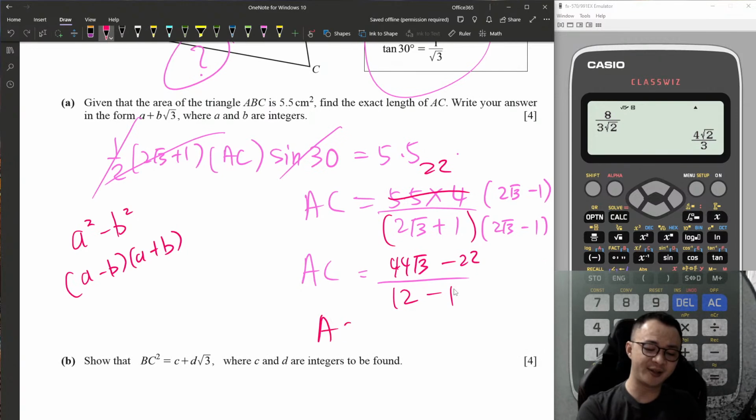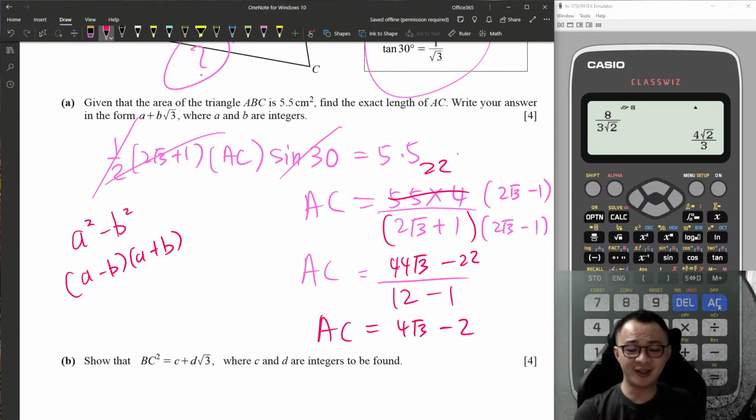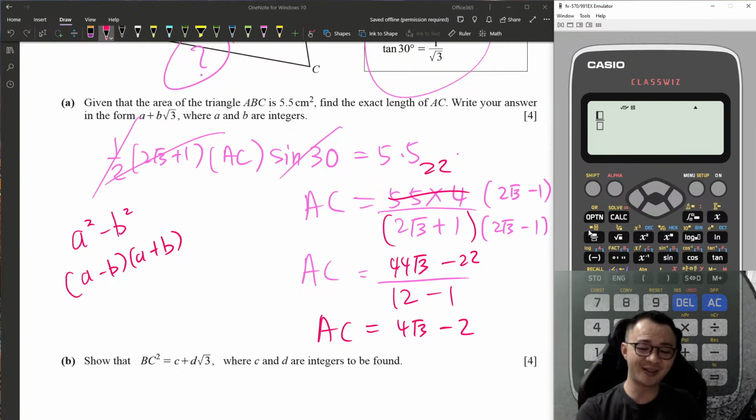So I can get the AC now. 44 divided by 11 is 4 surd 3 minus 2. 22 divided by 11 is 2. Alright, the good news is the calculator can solve it for you also. 22 over 2 surd 3 plus 1.